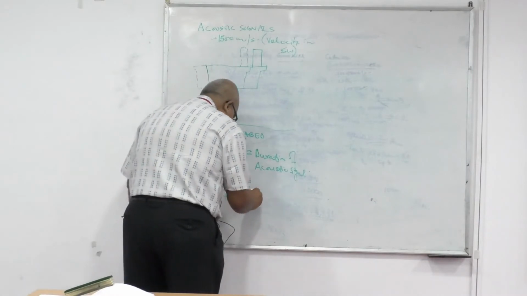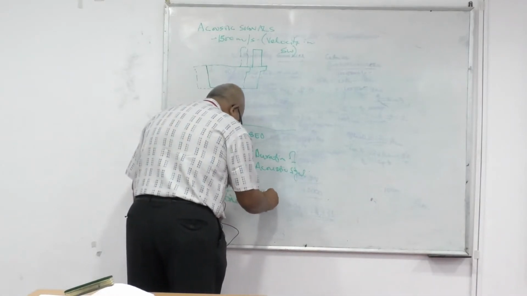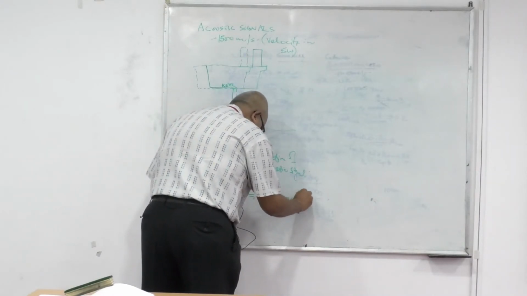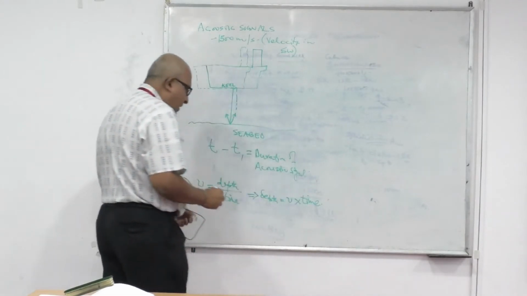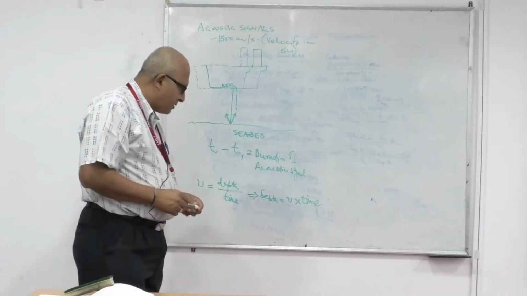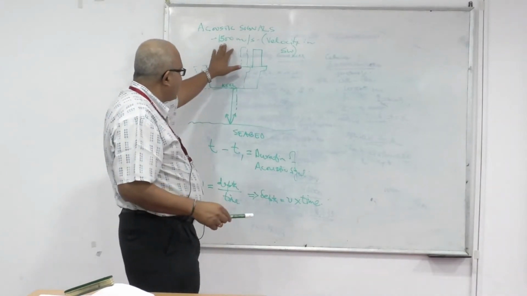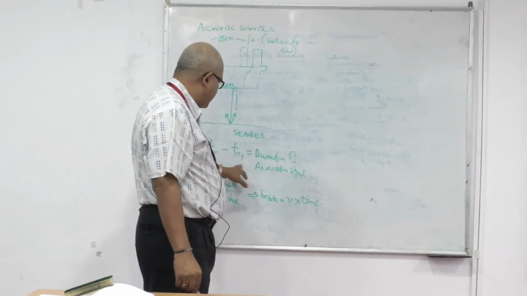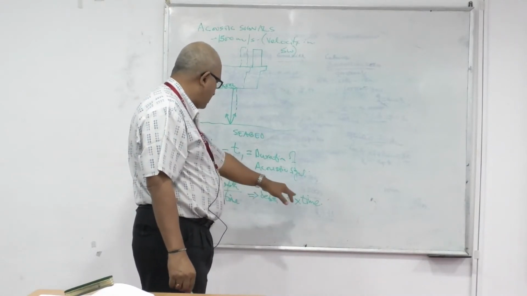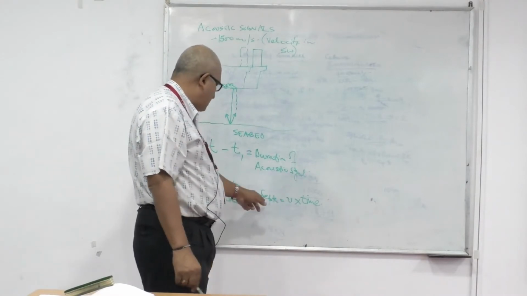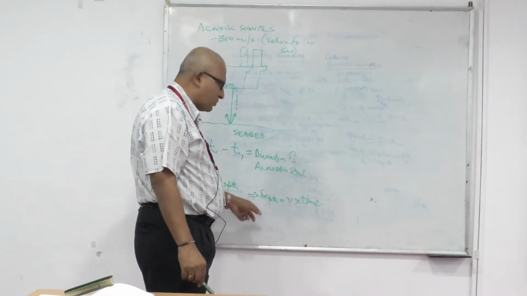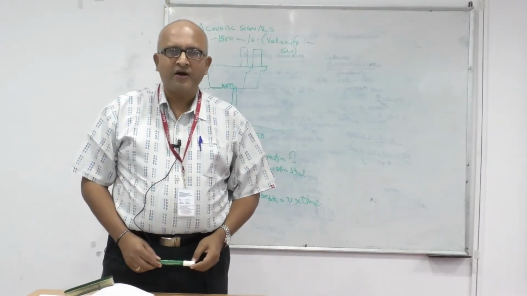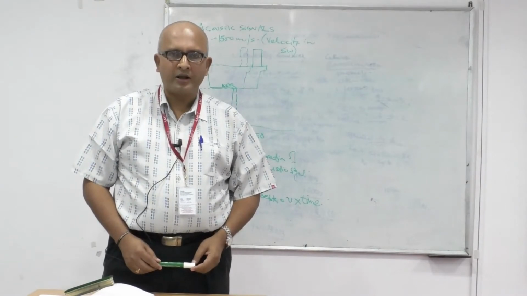This implies depth is equal to velocity into time. The velocity being, as already mentioned, 1500 meters per second, we calculate T minus T1. Depth is equal to velocity into T minus T1. This will help us find out the depth at that particular moment.